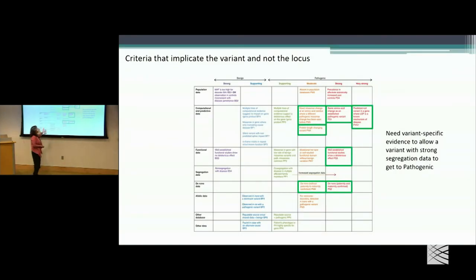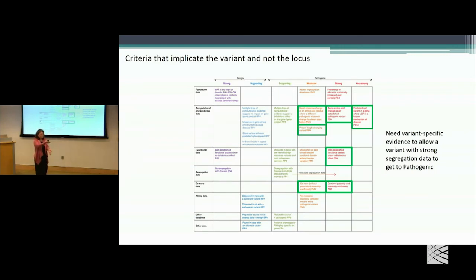And so in the ClinGen group, we are working on not allowing segregation data to lead to a pathogenic classification unless there is a specific type of data that implicates the variant itself, like de novo occurrence or functional study, things that are really specifically saying, no, this variant is the one that's causing the effect.